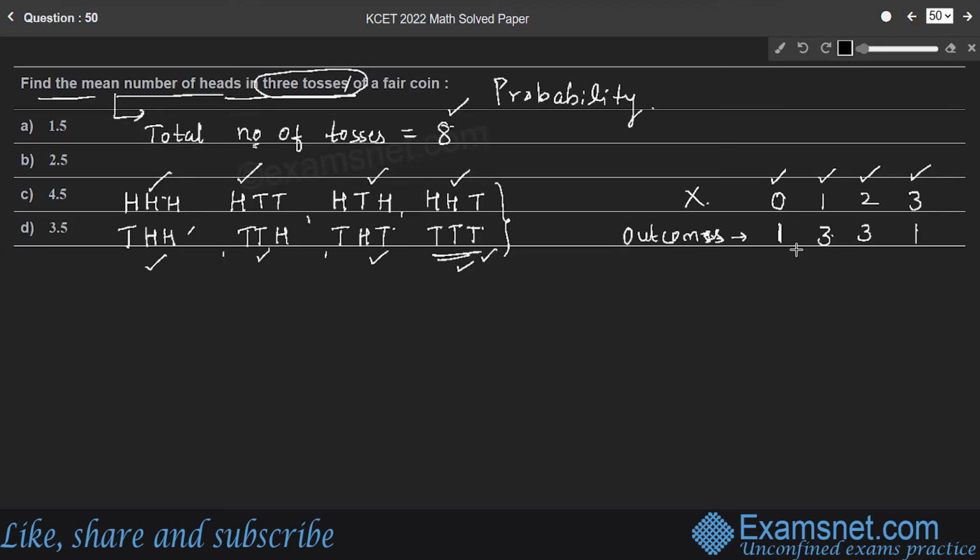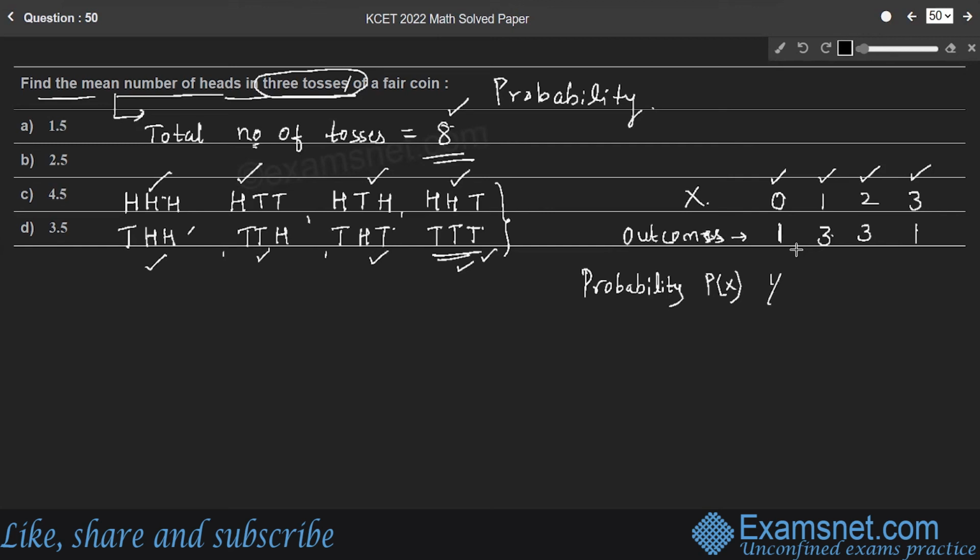Therefore, the probability of getting heads, P of X, is, by the formula, the number of outcomes divided by the total number of tosses.